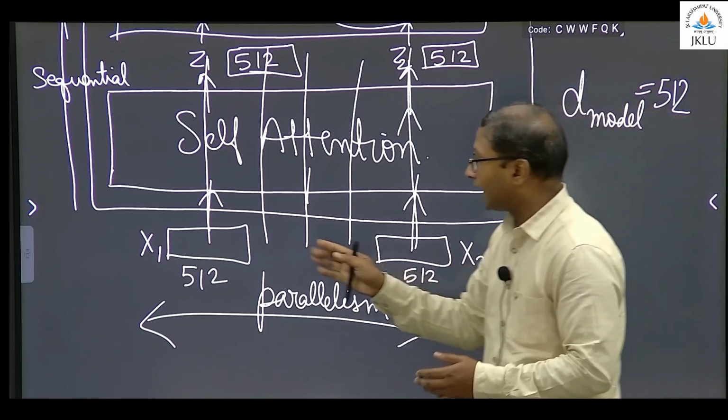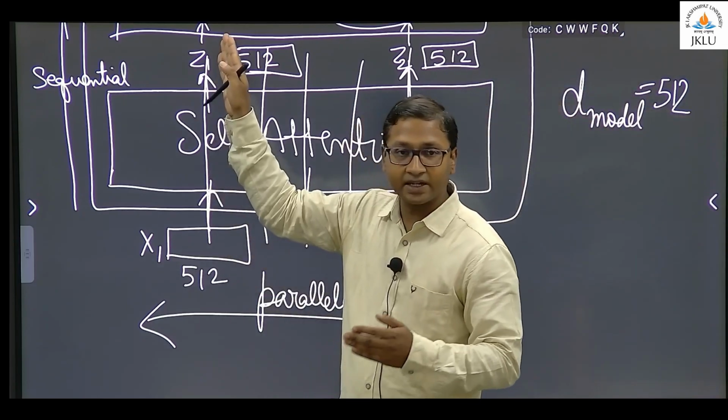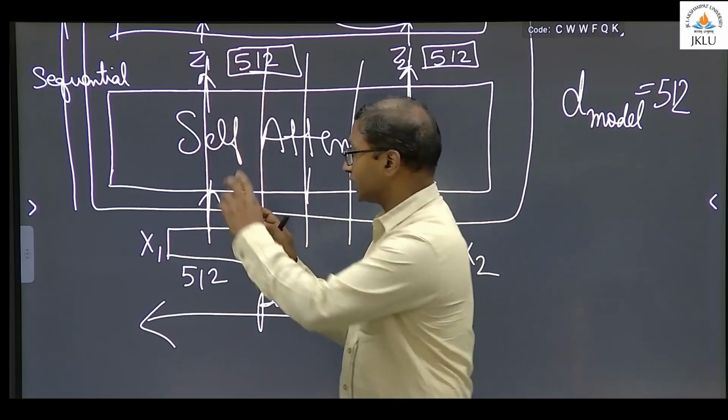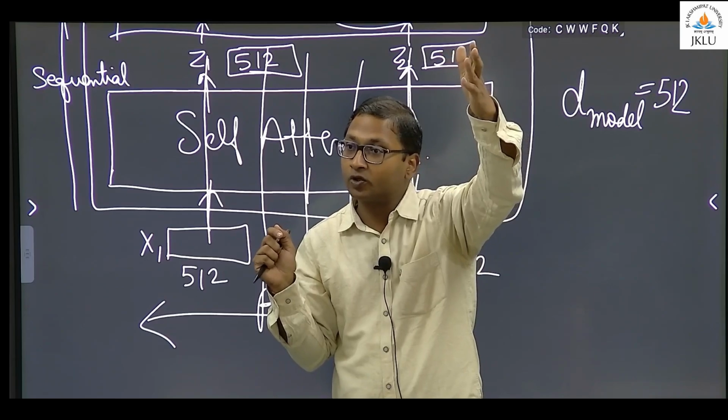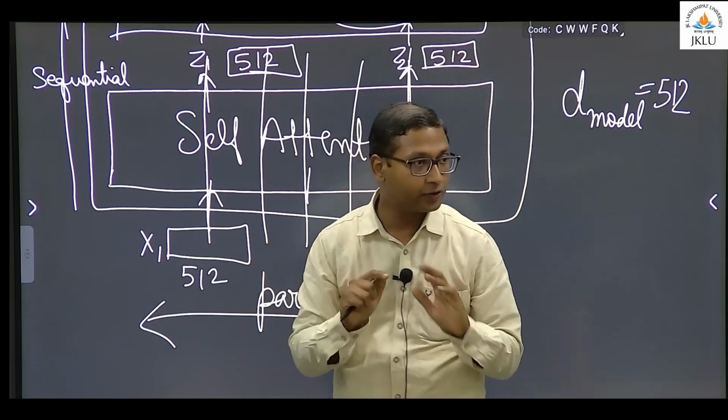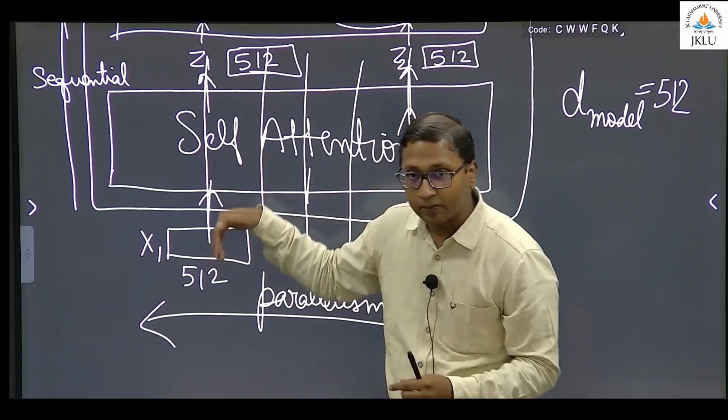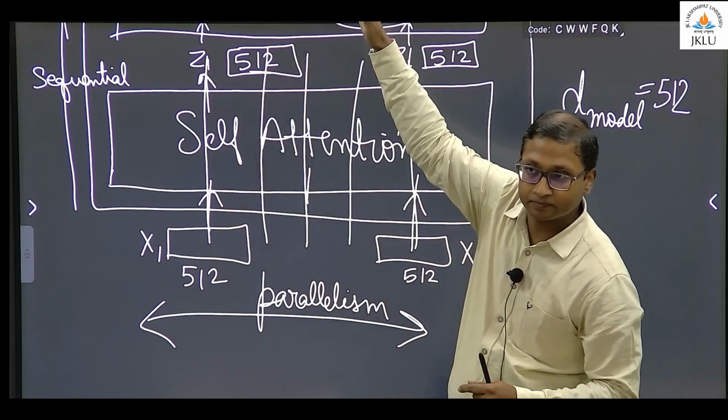Are they sequential in this direction? This direction is sequential. Encoder 2 has to wait for the output of encoder 1. There you can't do much. So it's a deep neural network in this direction.